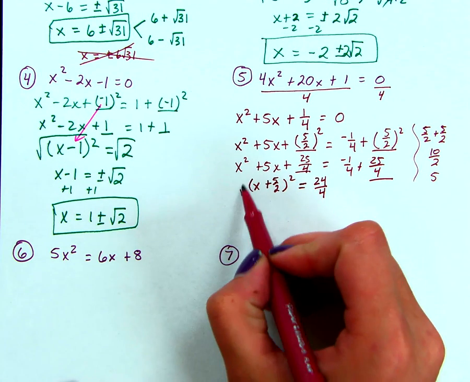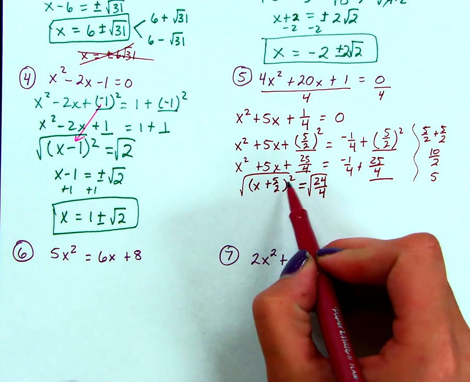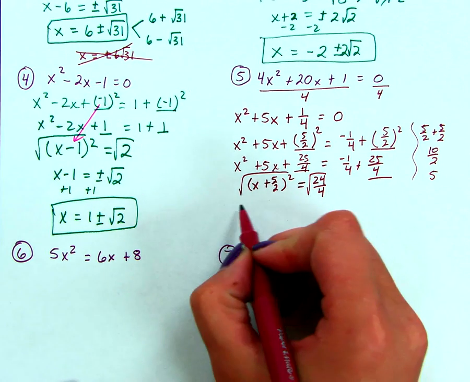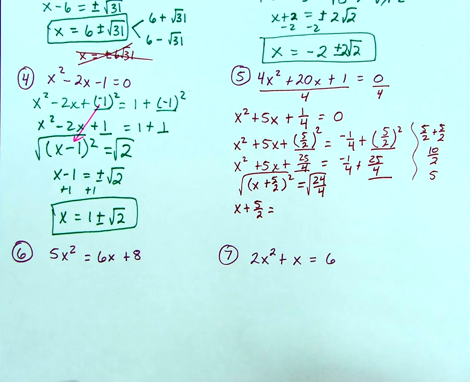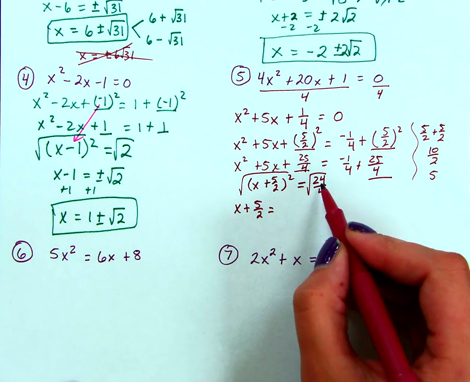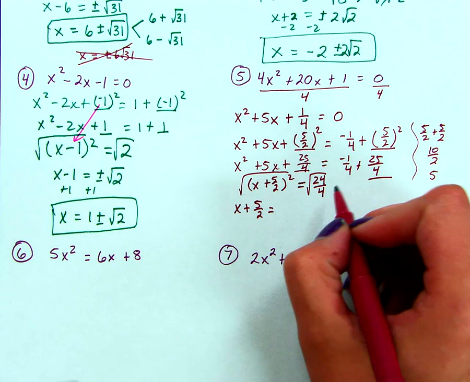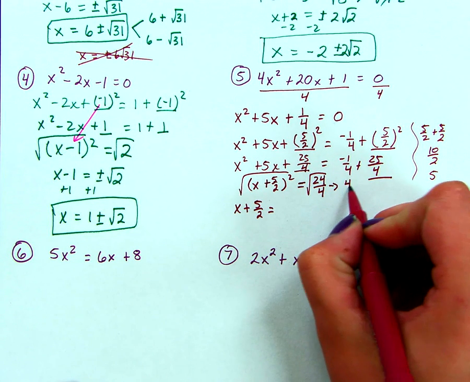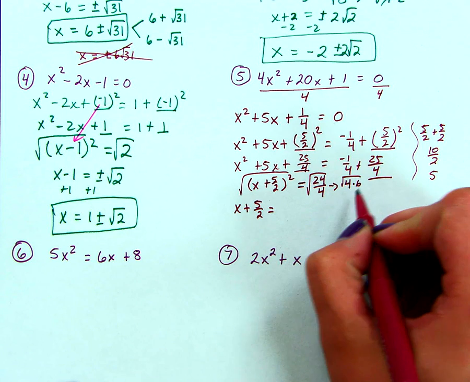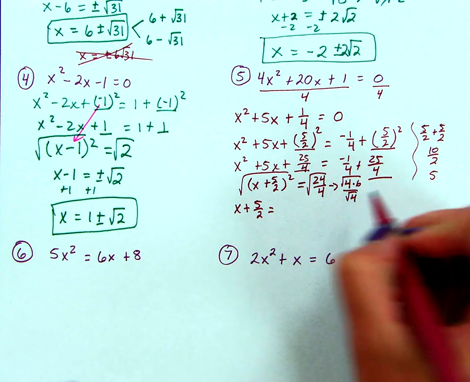Now we're going to take the square root of each side. Again, this is going to cancel out. So we have x plus 5 over 2 equals, and then we would have the square root of 24. That's not a perfect square, but I can think of 24 as 4 times 6, and then I can take the square root of 4 in the bottom.